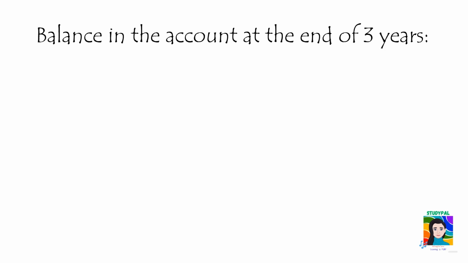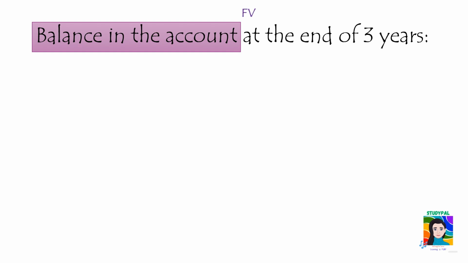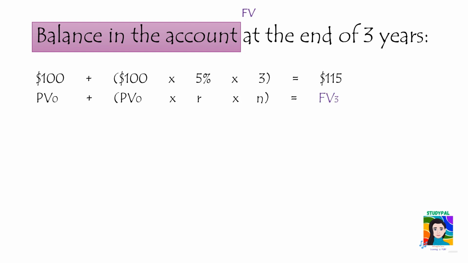In that example, we calculated the balance in the account at the end of 3 years. What do I mean by the balance in the account? It's simply the future value at the end of 3 years. And how did we calculate it? $100 plus $100 times 5% interest rate multiplied by 3 years, and we got 115.